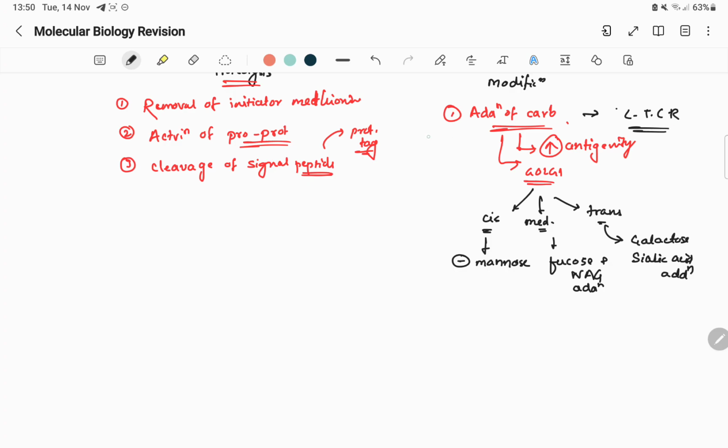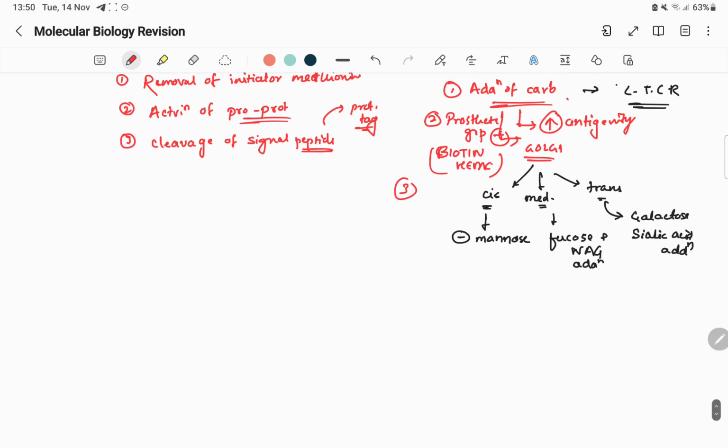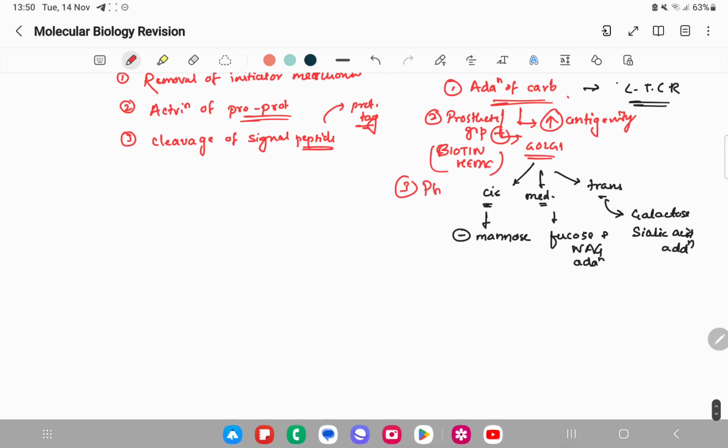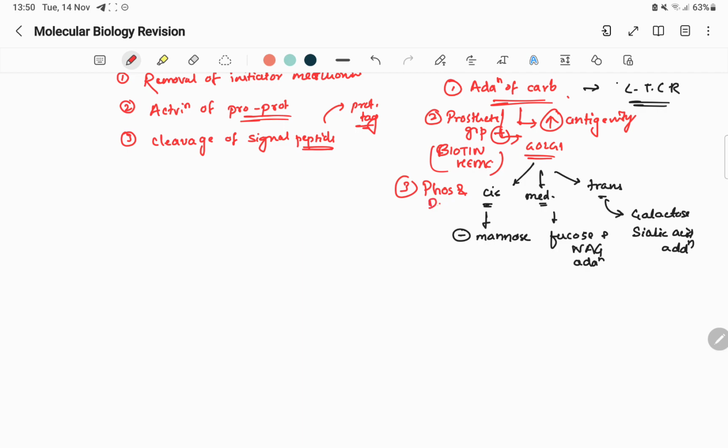Understood? Then another thing is prosthetic group addition. Addition of carbohydrate we did; then addition of a prosthetic group like biotin, heme. Then the third thing is phosphorylation and dephosphorylation.